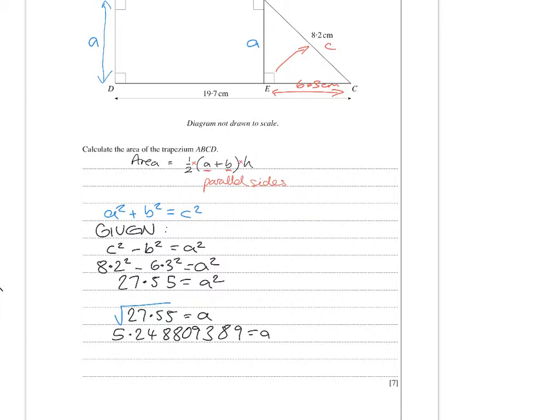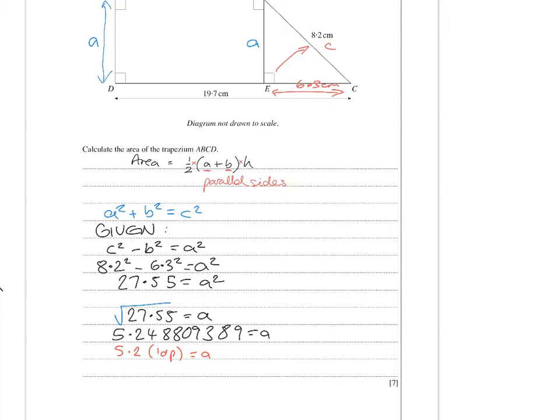If you round it, you may get penalised for not being accurate. However, you would be very, very unlucky to lose that mark. I'm going to show you what I press into the calculator, but you could round it to 5.2 to 1 decimal place as long as you stated it and say that is equal to a, and you could sub that into what our next thing is.